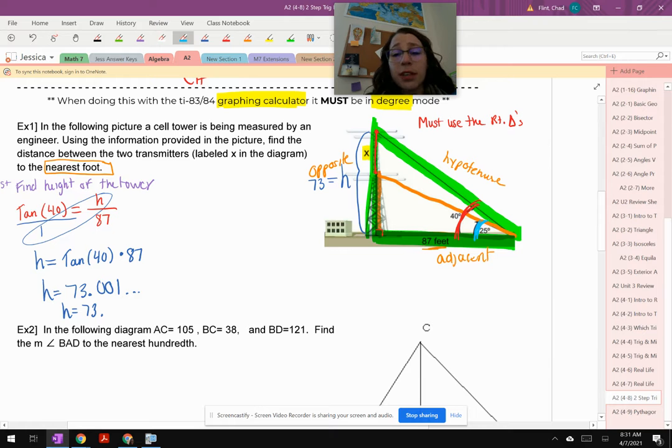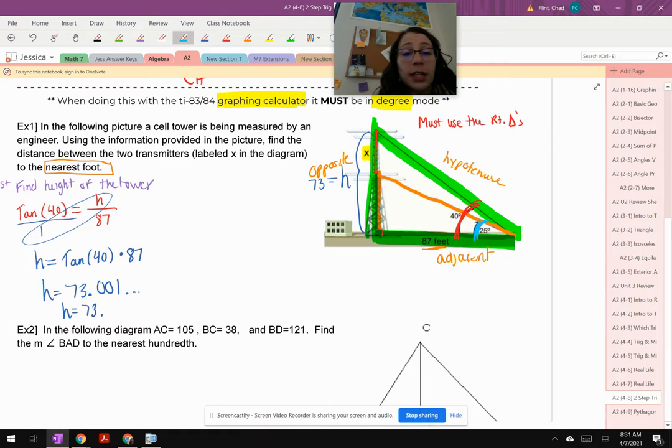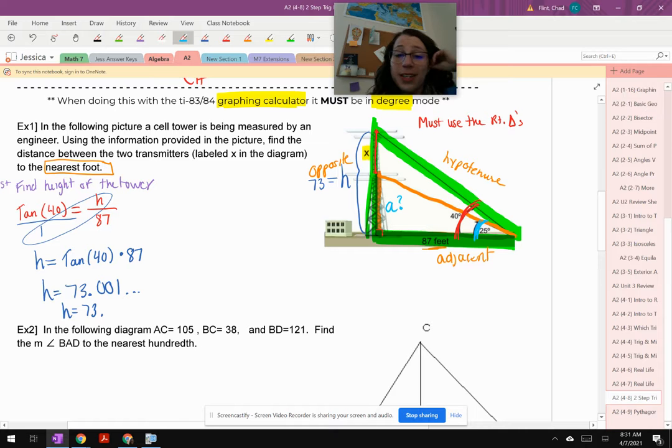So we're still having this opposite, we're still having this adjacent. However, the piece that we want is this orange piece. This is what we're looking for. What should we call this orange piece? We're using X up there, so let's call this A. That's what we want next.